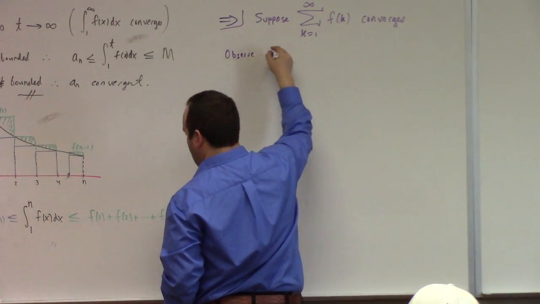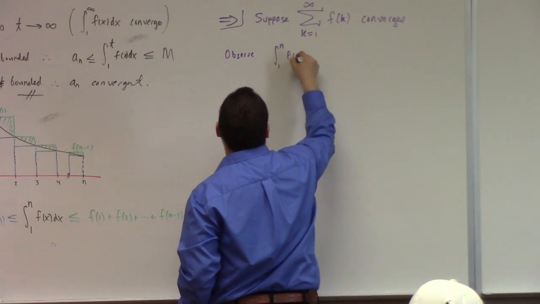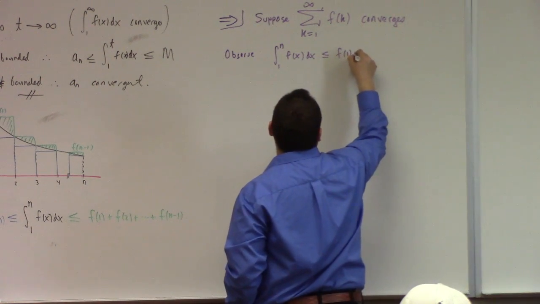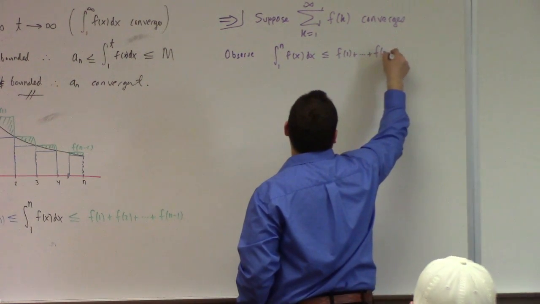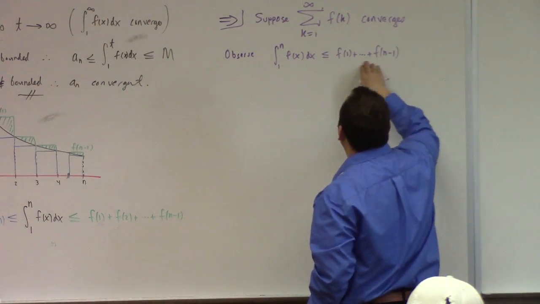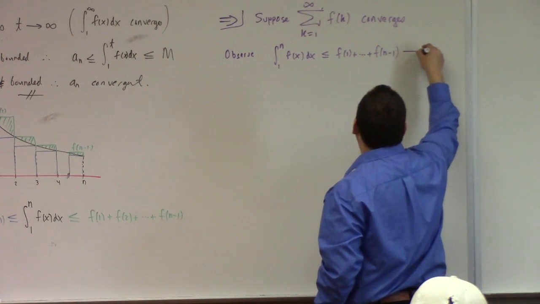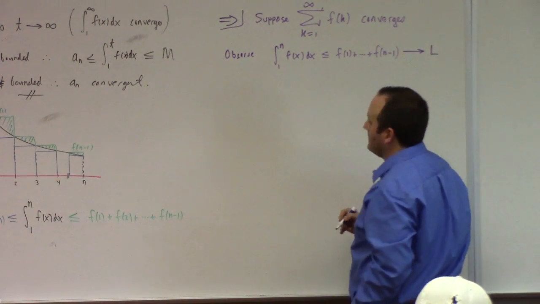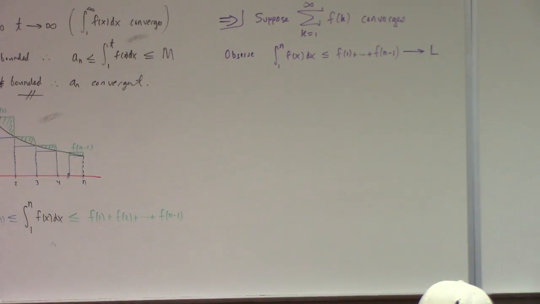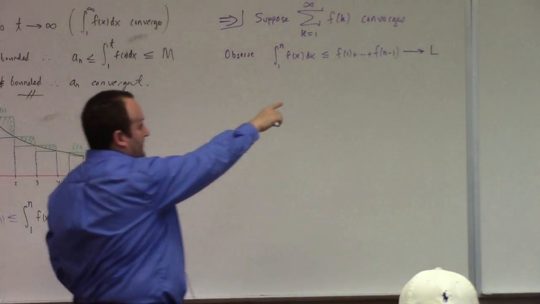You can observe, right, that the integral from 1 to n of f of x dx is less than or equal to f of 1 plus dot dot dot plus f of n minus 1, right? Which is what? As n goes to infinity, what does this do? This goes to L, because we're assuming that the series converges, right? So surely the n minus 1th partial sum converges if we're given the nth partial sum, right? The difference between n and n minus 1 as n goes to infinity is washed away, right? So this converges, right?